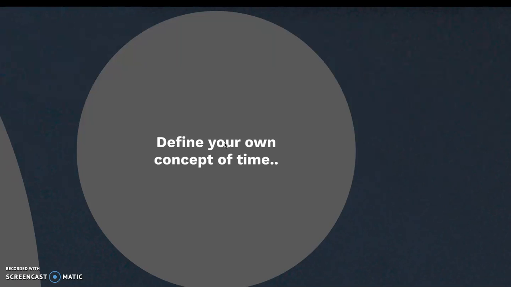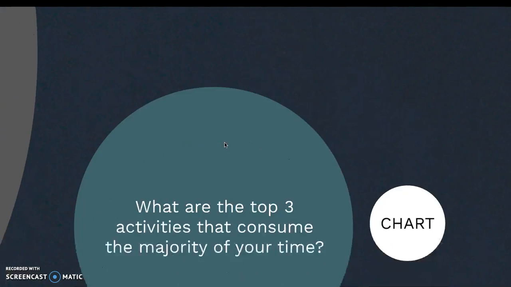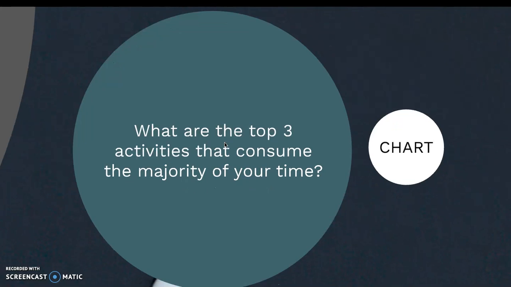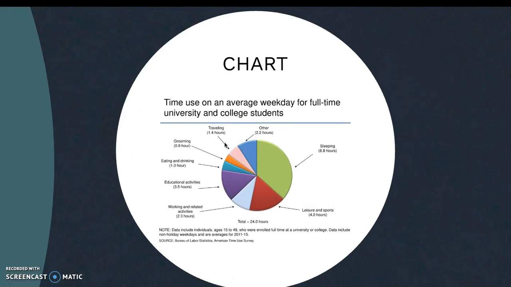So this one is very easy to use, but at the same time it can create an interesting multimedia concept. Also like this: what are the top 3 activities that consume the majority of your time? So you can have a reflection, and you can have a chart to support that. This data can support the idea.